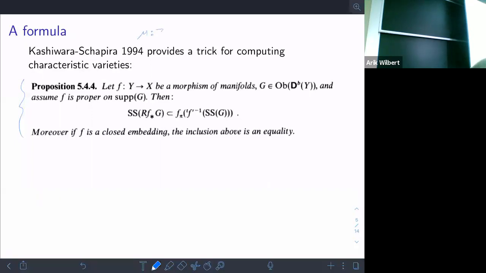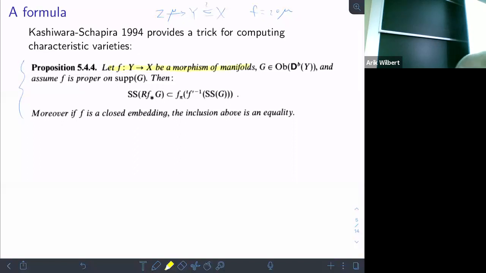Remember our resolutions: we have some smooth map to a K-orbit closure, and if we include that in the flag variety, so this is the resolution and this is the inclusion. If you let F be the composition, then you have a morphism of smooth manifolds. And that's how you get here to a morphism of smooth manifolds.